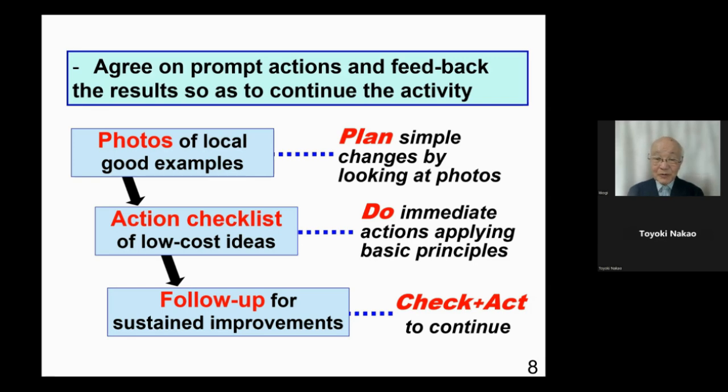After making proposals, people can agree on immediate proposals, and follow-up activities will make sure that the feasible improvements can be really applied for contributing to the safety and health of workers.